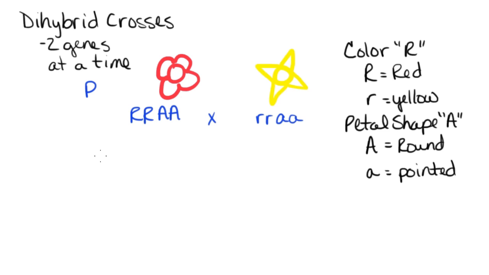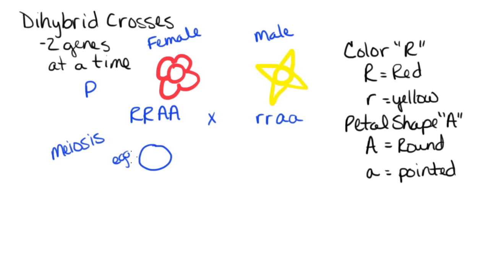Now, just as before, if these parents are going to produce offspring, the first thing that has to happen is the process of meiosis. So we have to get egg and sperm. I'm going to make this my female parent here, and this is going to be my male parent over here. When I cross them, in the egg from this parent, we are going to have haploid eggs.